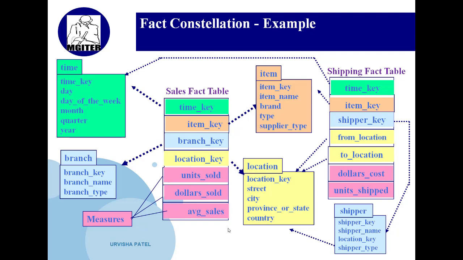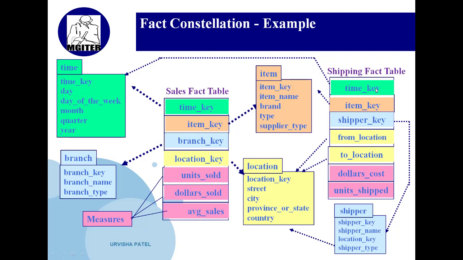As we saw two examples of schema, star schema and snowflake schema, I think you are all clear about fact table and dimension table. Here we have two fact tables, sales fact table and shipping fact table. The sales fact table is connected with the time dimension table, branch dimension table, item dimension table and location dimension table.